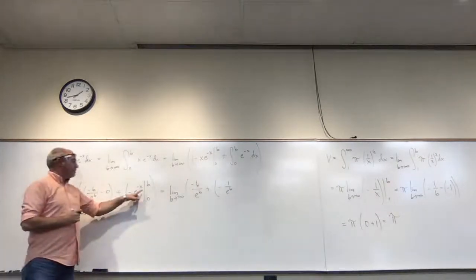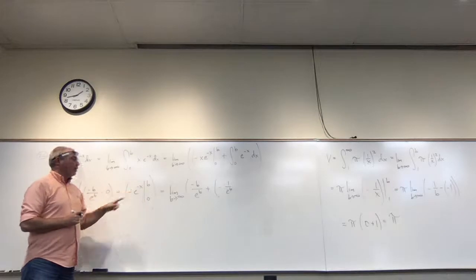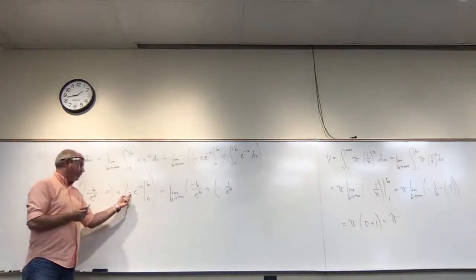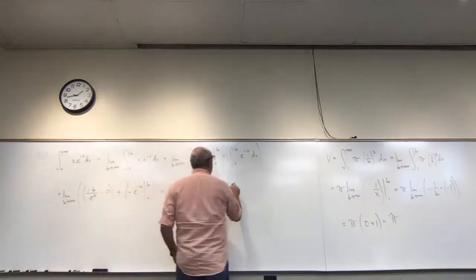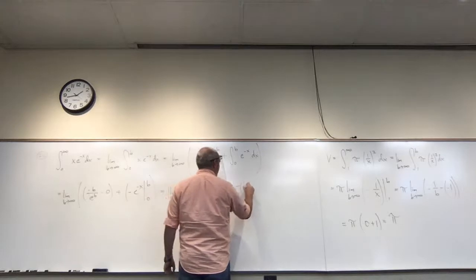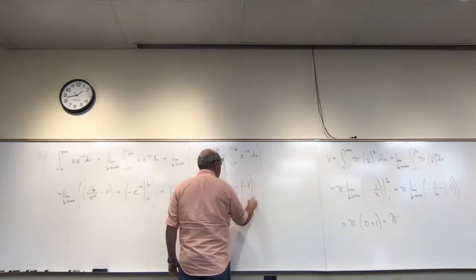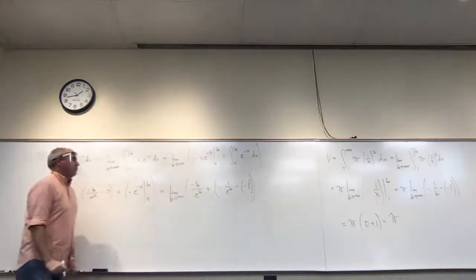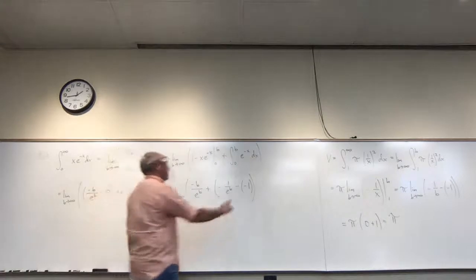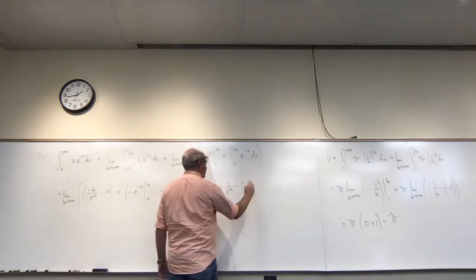And then if I plug in 0, I get e to the 0, which is 1, but it's negative. So I have minus, when I plug this in, I get negative 1 minus 1. Did I close enough parentheses? I don't think I did. I think I missed the parentheses.